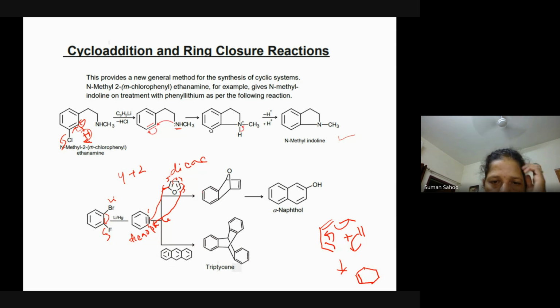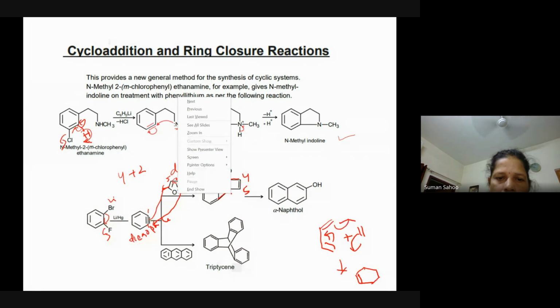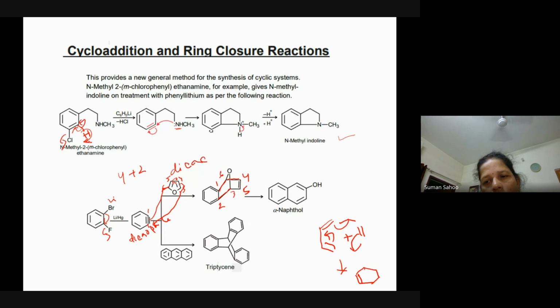So the oxygen containing carbon, one carbon is coming here, one carbon is coming here, and this is your bond 4 and 5. This is your 3, and this carbon is 6. I have given this 1 and 2. So this is a kind of 4 plus 2 cycloaddition reaction.